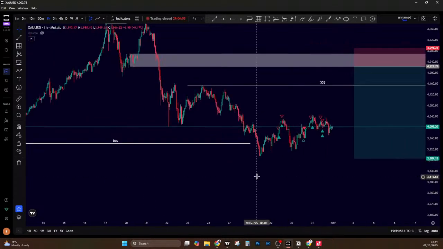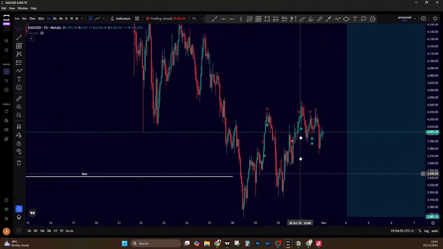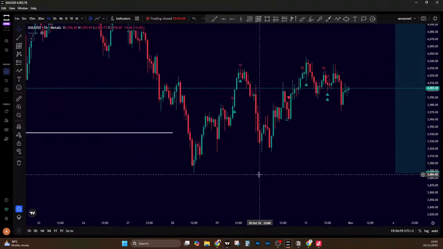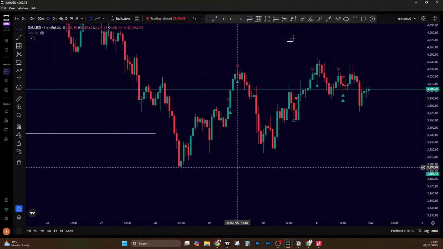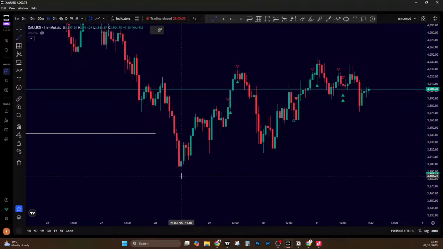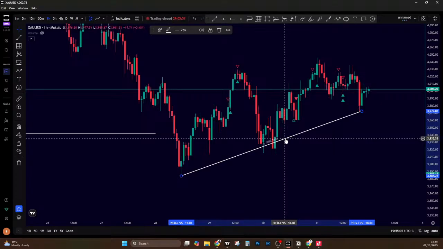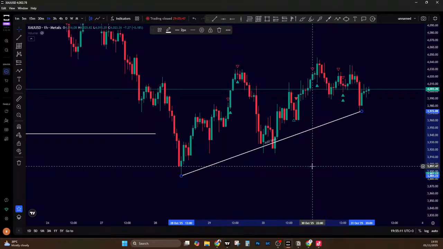If you tell me that this was a sweep of liquidity, admin, I don't know if you are still here in this live. This should be sell side liquidity.